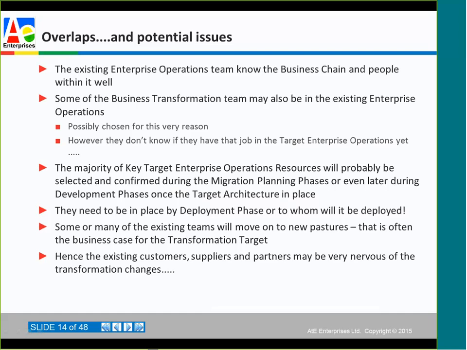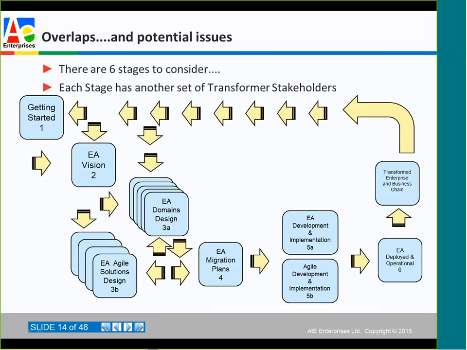So when you get going, when you're getting the whole program going, when you're doing the vision for the enterprise architecture, and then as you develop the domains that are supporting the vision, whether you're using classic EA domain areas, or like we have in TOGAF, or whether you're developing EA Agile solutions.